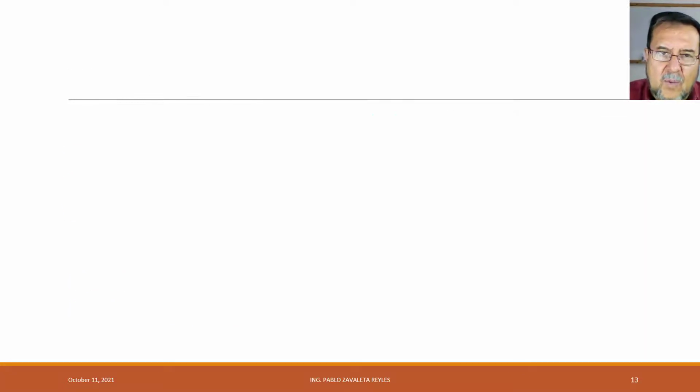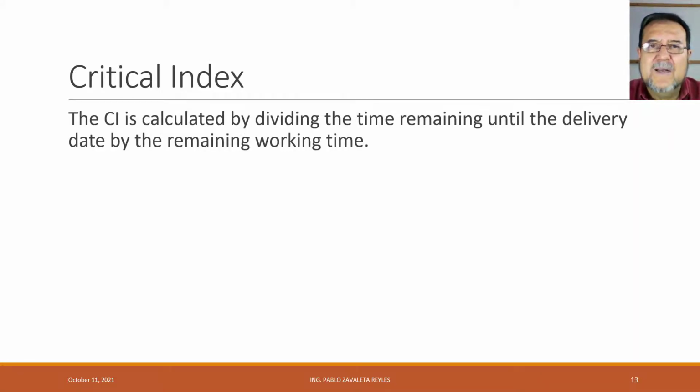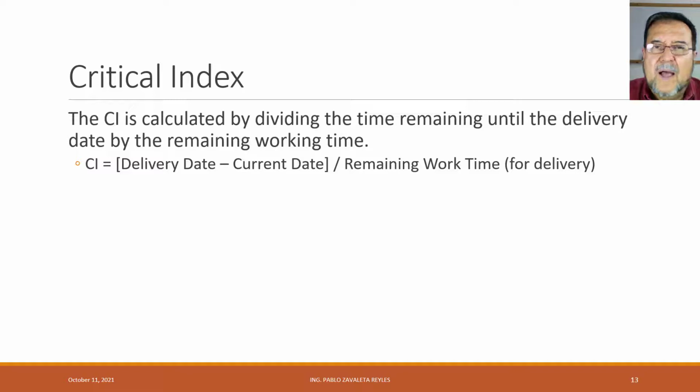Now, we have another aspect that we use when we're controlling production, the critical index. And that is calculated by taking the difference between the delivery date and the current date and dividing it by the remaining work time for delivery to the customer. There are 3 possible results for this.